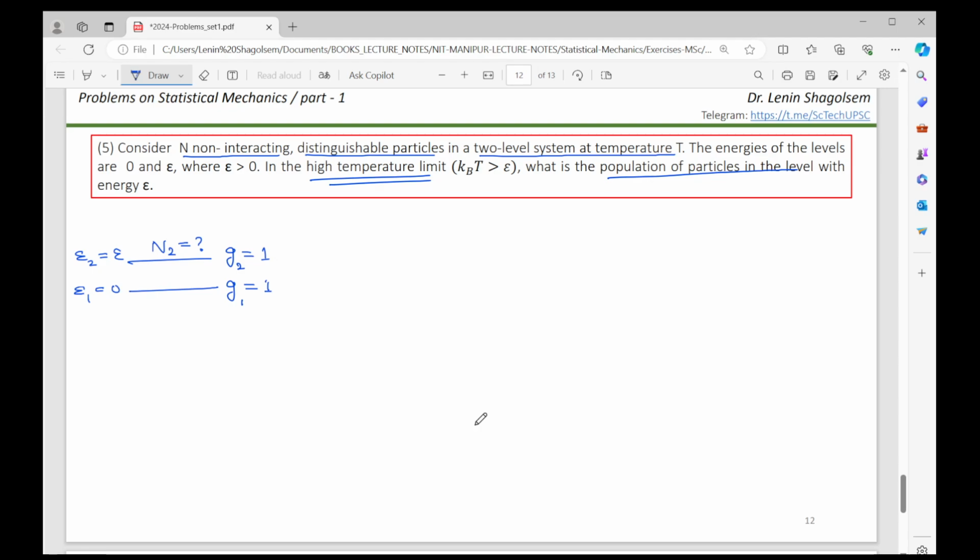Okay, now here the problem is straightforward, as we did in the previous problem.